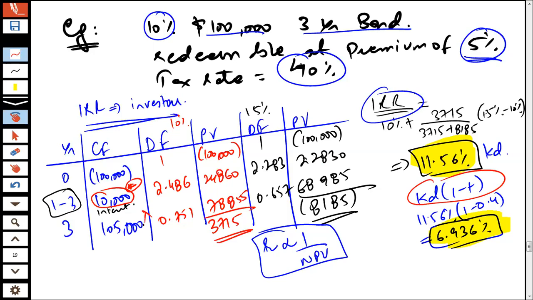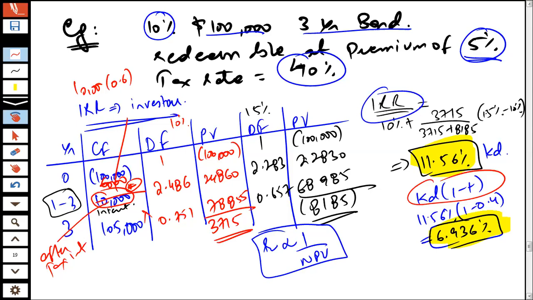So if we have to compute the calculation, we have to use the after tax interest here. What do we have to use? The after tax interest, which is 10,000 into 0.6, so it's 6,000. So we should be using 6,000 instead of 10,000.